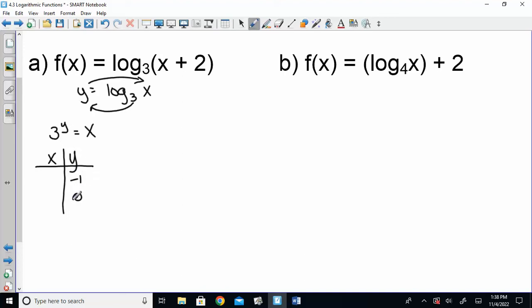So then y is the exponent, so we put in -1, 0, and 1 for that. 3 to the -1, 3 to the 0, and 3 to the first. So I have 1/3, -1, 1, 0, 3, 1. It's my parent function. I have a vertical asymptote at 0, so it just looks like this.